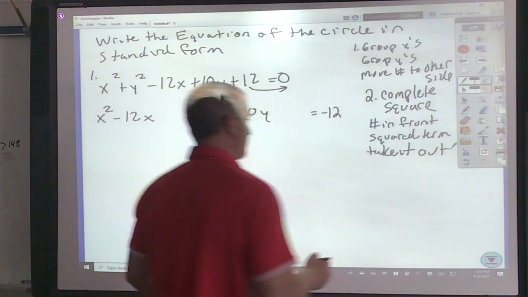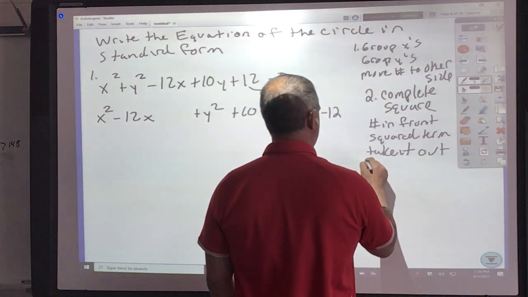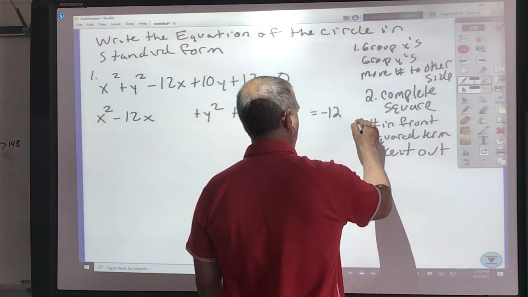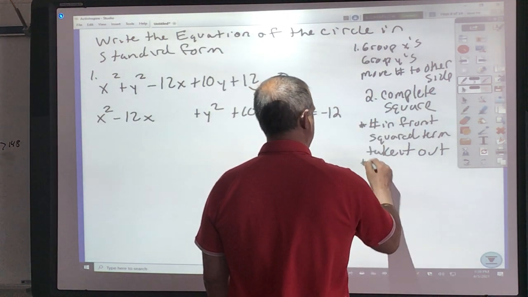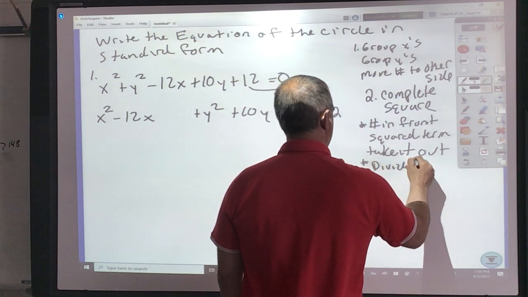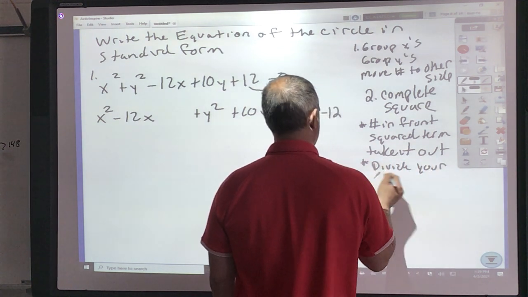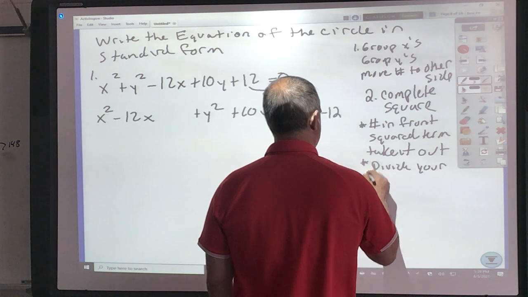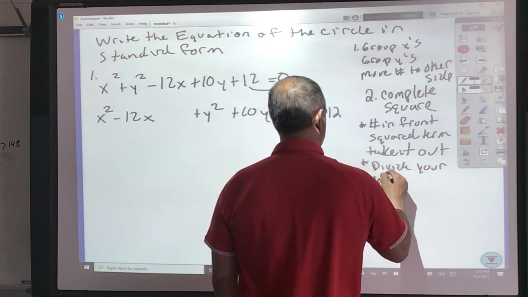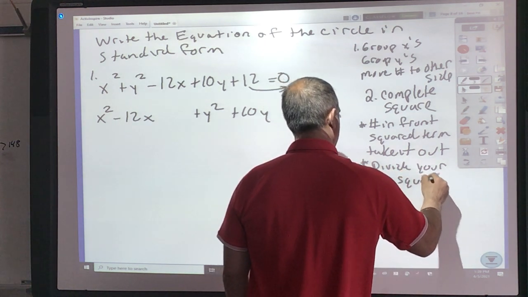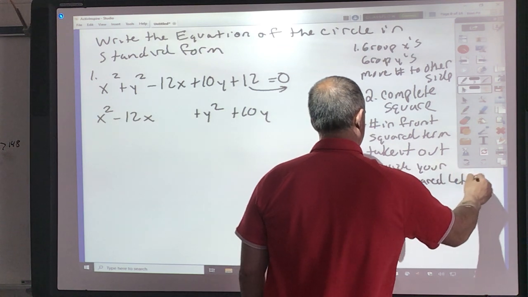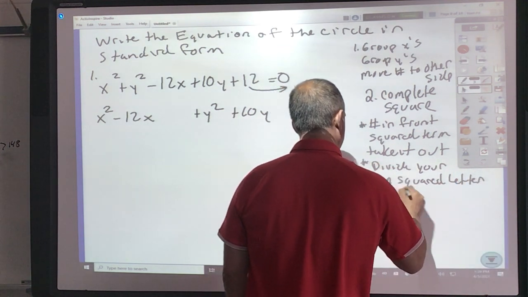Here's the process of completing the square. That's step 1. Step 2, divide your non-squared letter by 2.